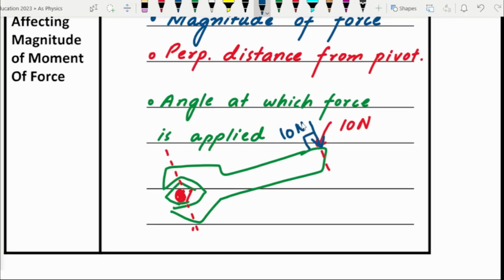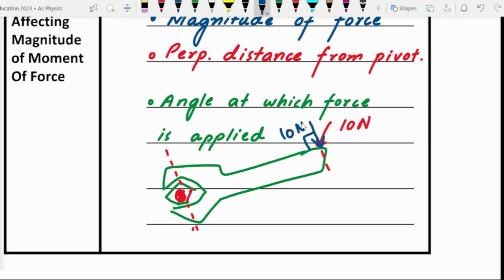The amount of force is the same, the magnitude of force is the same. But the person who was applying the force perpendicularly would be able to produce more moment of force. And his work would be more efficient. He would be in a better position to open the nut.